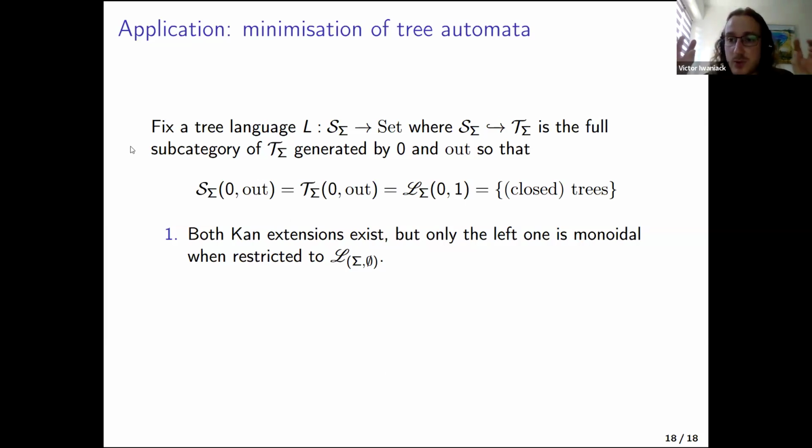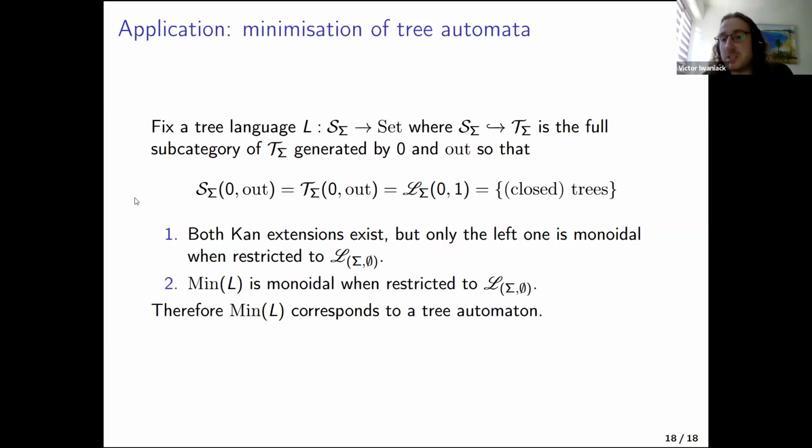Okay, but we still have our two L automata, even though they might not be real tree automata. But it's not a problem because you still continue your computing and you can explicitly compute the minimal tree automaton. And in fact, it is a tree automaton because it restricts to a monoidal functor when restricted to L sigma empty. Therefore, you recover the tree minimization, basically.